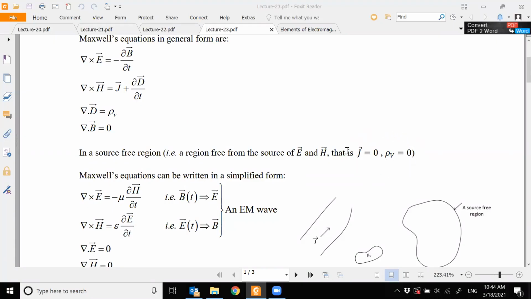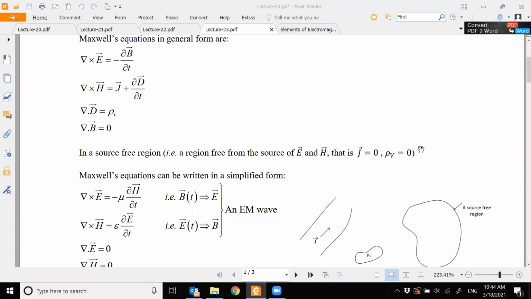We do this to simplify things, because solving Maxwell's equations near the source becomes too complicated, which is not the level of an undergraduate.